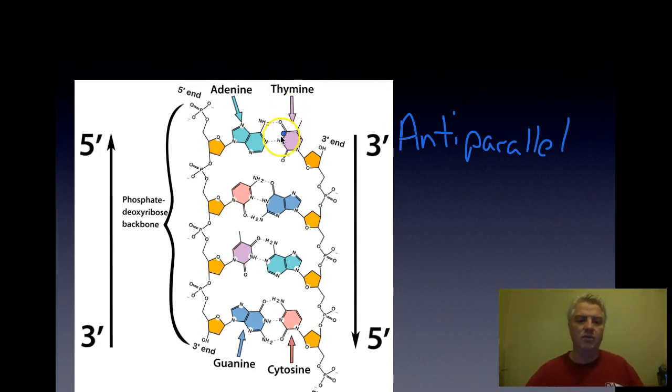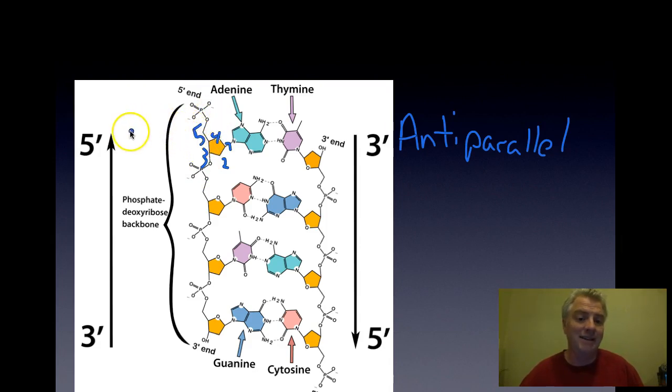So real quick, and we won't spend a lot of time because we're about out of time here, we have the 5' end and the 3' end. You notice how they run opposite, the 3' end and the 5' end over here. Real quick, the way we get those numbers is based on the carbon. So this is carbon number 1 right there, carbon number 2, carbon number 3, carbon number 4, and then right there, that little bend is carbon number 5.